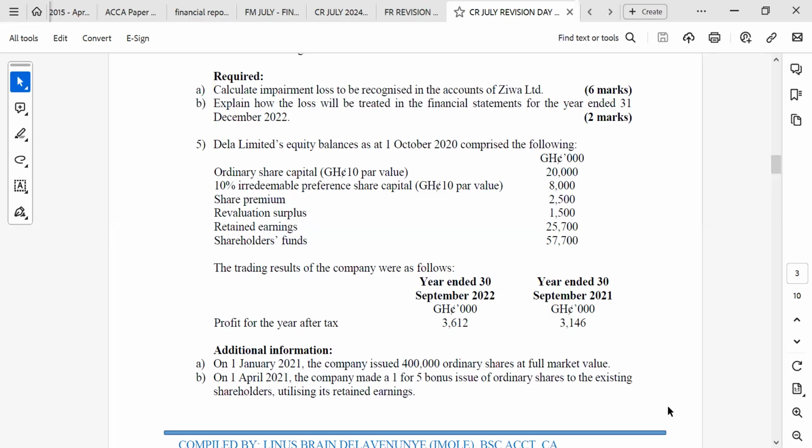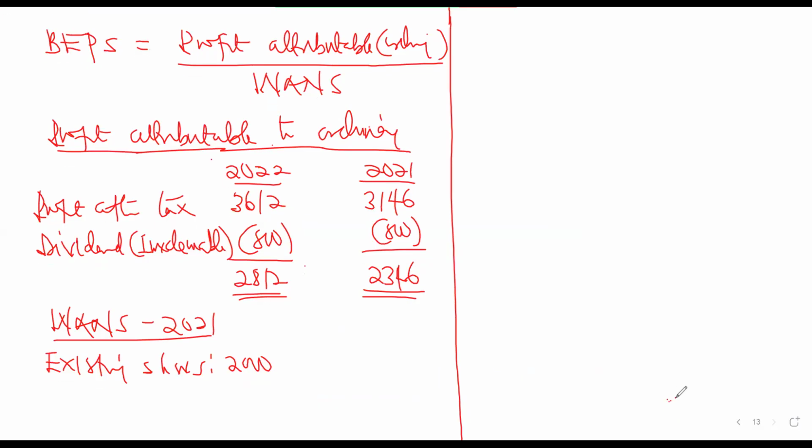On 1st January 2021, the company issued 400,000 ordinary shares at full market value. So the full market value will have effect from 1st April. So let's have the full market issue.